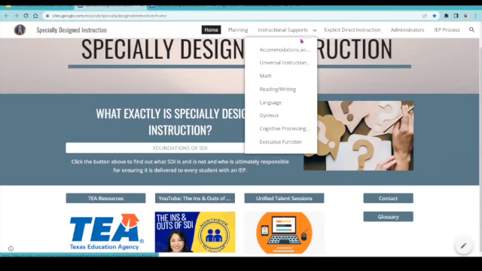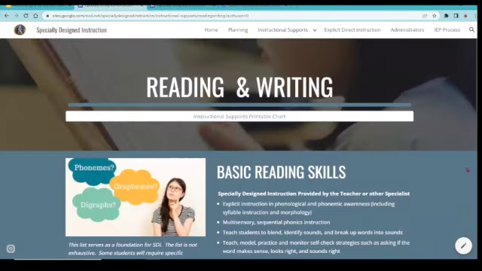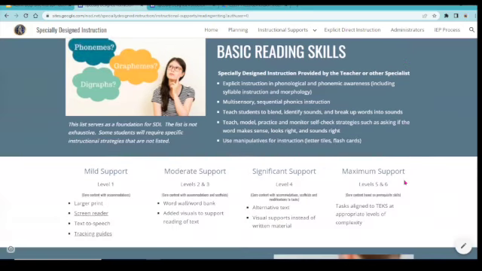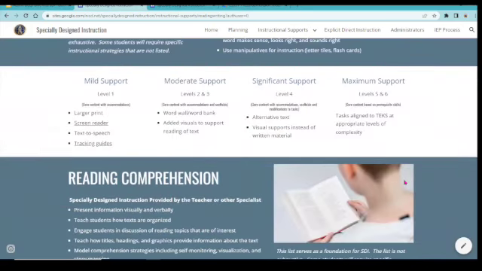All the pages are organized in a similar manner, so we will only take a brief look at the reading and writing page. Each section begins with the SDI strategies a teacher or other specialist can use, followed by the accommodations or modifications that can be provided to students.